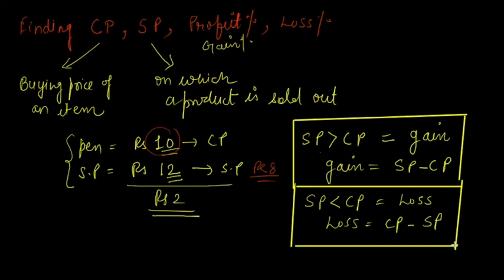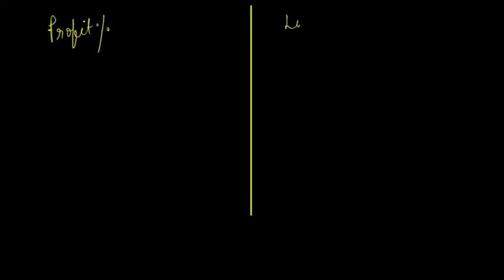Moving further to the selling price and the profit percent and loss percent. So the next topic which we will discuss is profit percent, and then we will understand loss percent. So profit percent will be what?